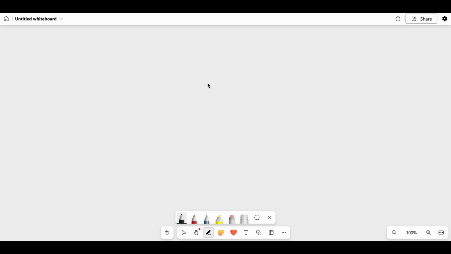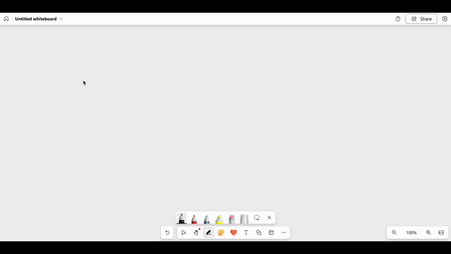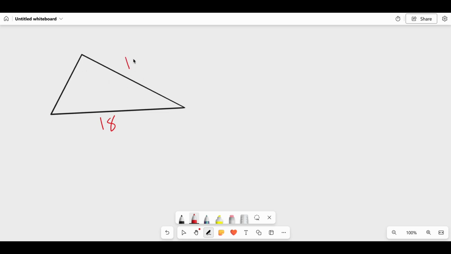Let's try to do some exercises using the law of cosine to find the missing angle or a missing side of a given triangle. So let's draw a triangle here. Let's say that this side is 18 and this side is 15.